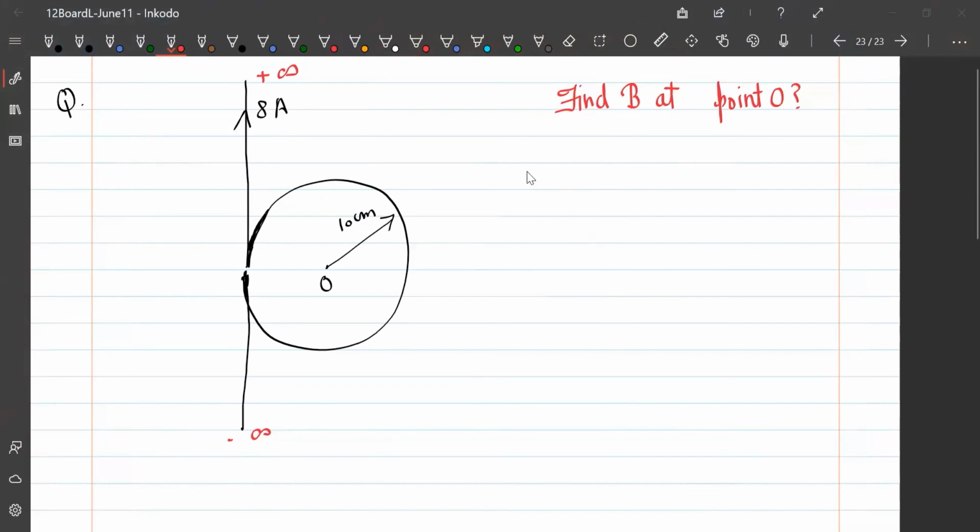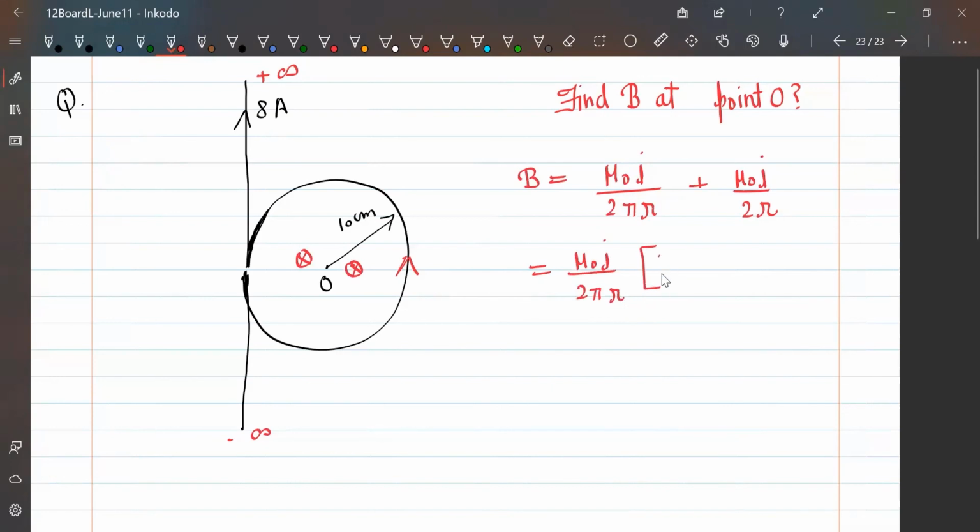So the net magnetic field here will be the sum of the magnetic field due to the straight wire, that will be mu naught I by 2 pi r. And the direction of the magnetic field for both will be into the plane. So plus magnetic field due to a circular ring, that is mu naught I by 2r. If we calculate this, it will come out to be mu naught I by 2 pi r. Take this as common, and here it will be 1 plus pi.